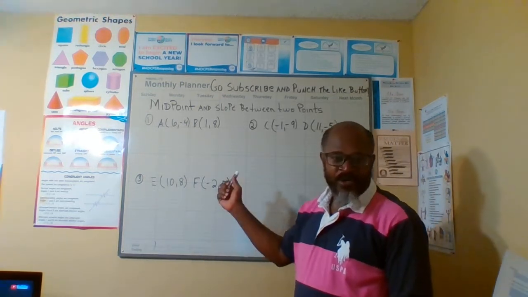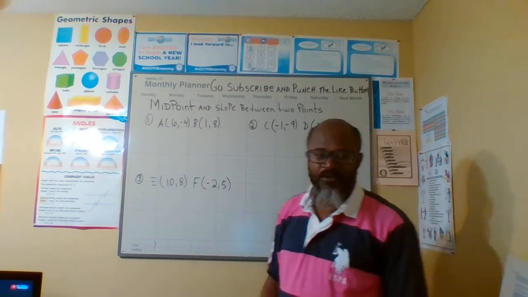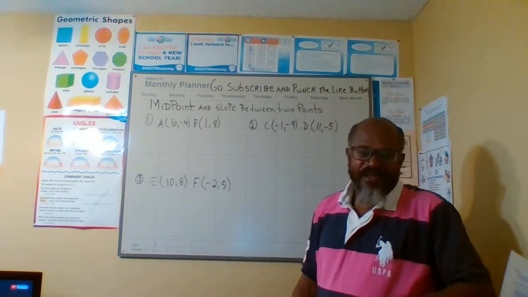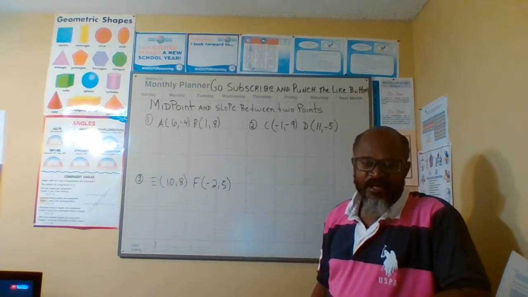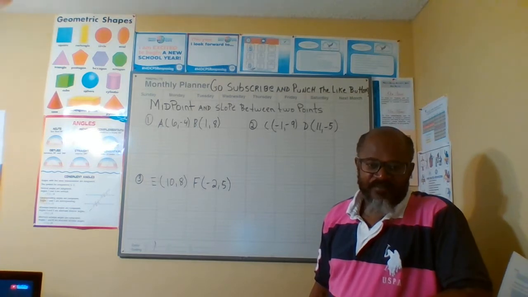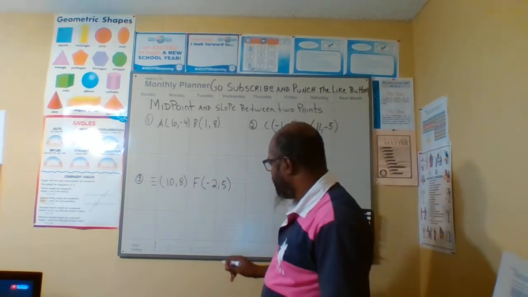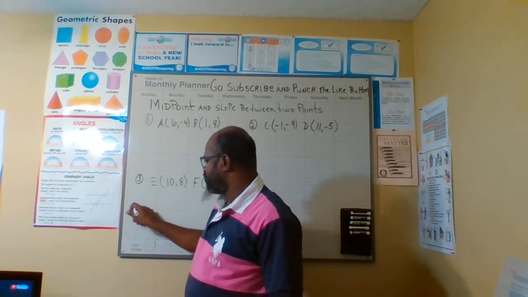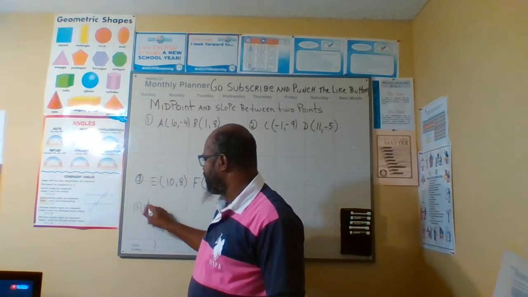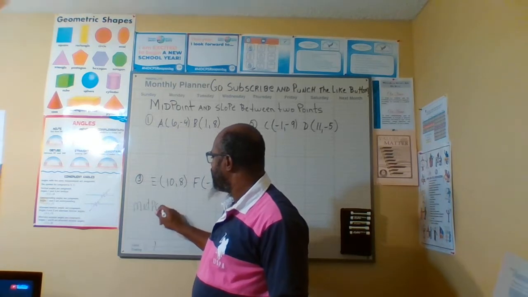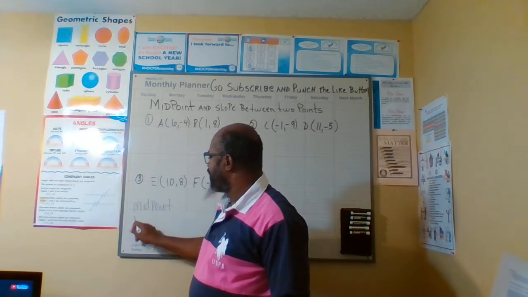Alright, I'm going to model a couple of examples of how to find the midpoint on the coordinate grid by using the midpoint formula. Remember, there are many terms used for midpoint. Midpoint means halfway.